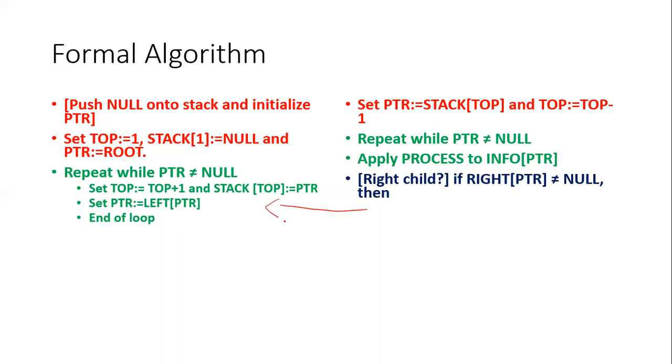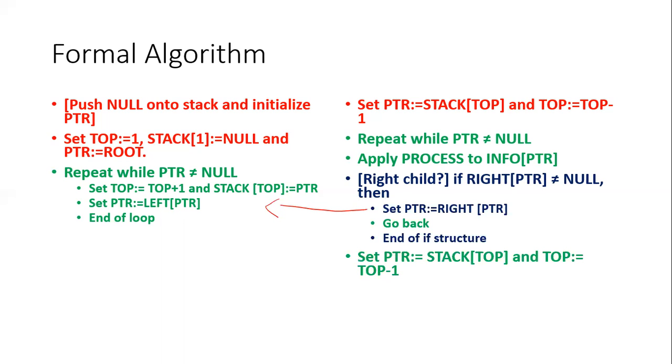So it will come back to this step here, the PTR will be set, and it will come back to this loop and again start accessing the leftmost subtree. That will be the end of the if structure. Then we continue to pop from the stack, and as we pop, we decrement the top by 1 every time. That would be the end of the loop, and finally we can exit from the program.